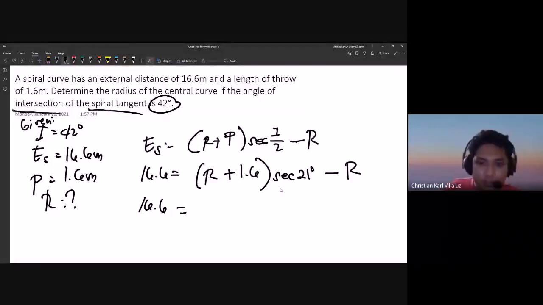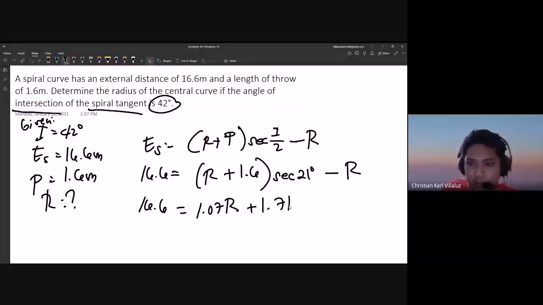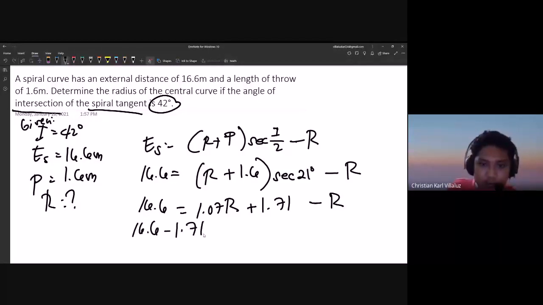So 1.07, multiply natin dito, 1.07 R times 1.6, 1.71 na siya. Then ito, minus R. Okay. So combine like terms. So transpose natin yung 1.71.